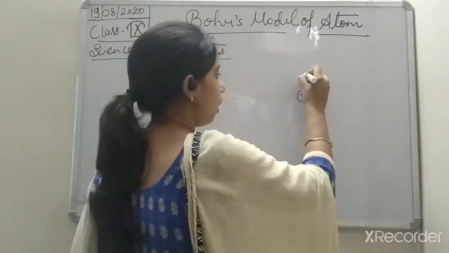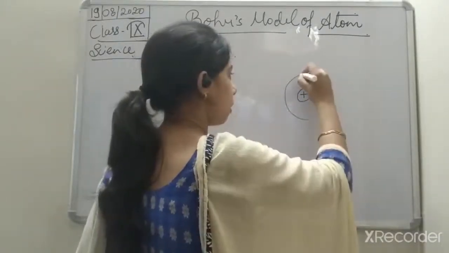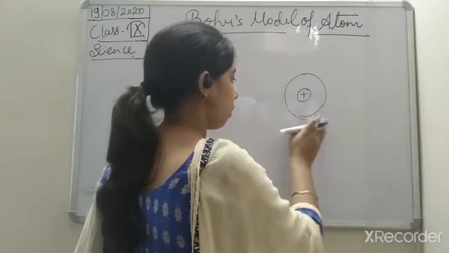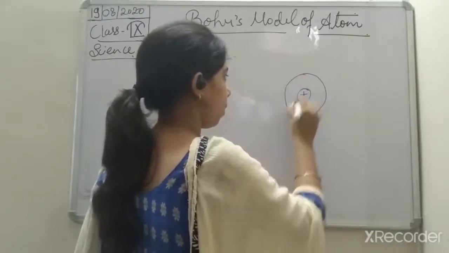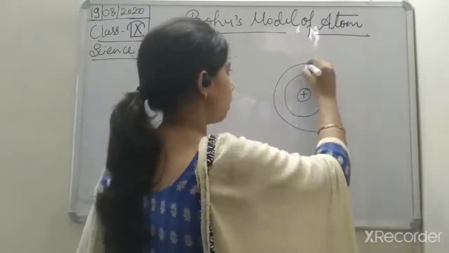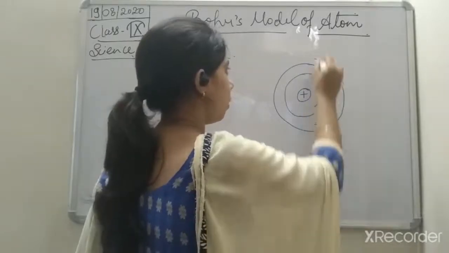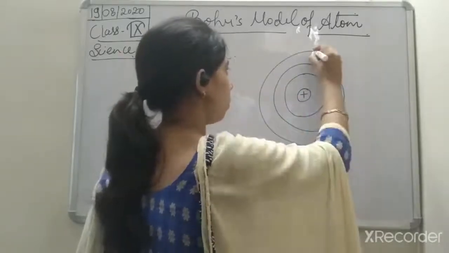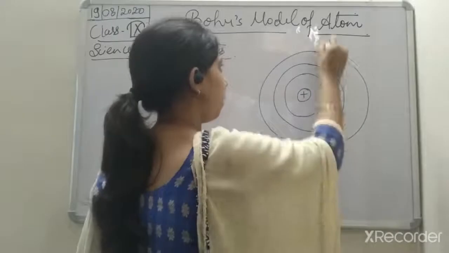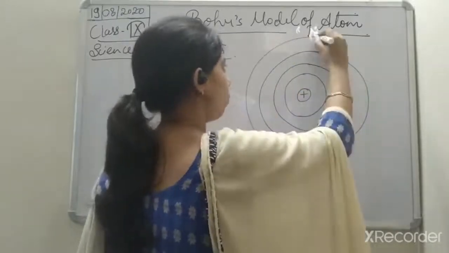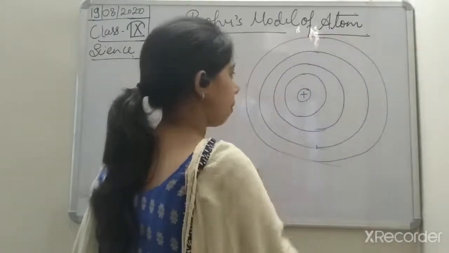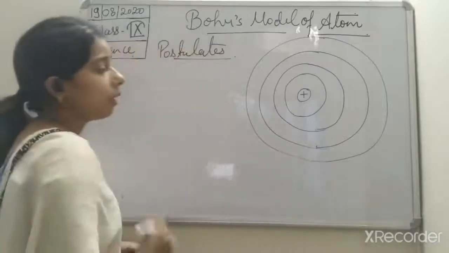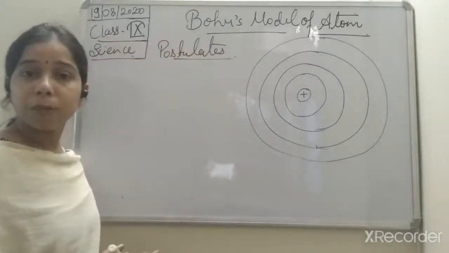So see here, if this is the first circular orbit, then this is the second circular orbit, then this is the third one, and finally this is the fourth one. Okay, so you see here, these are the different circular orbits, student.